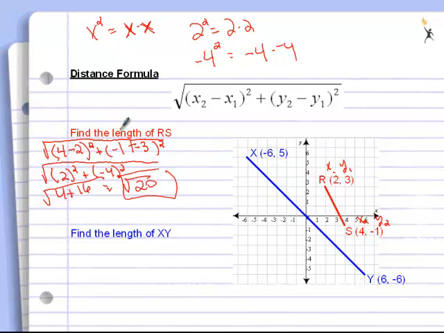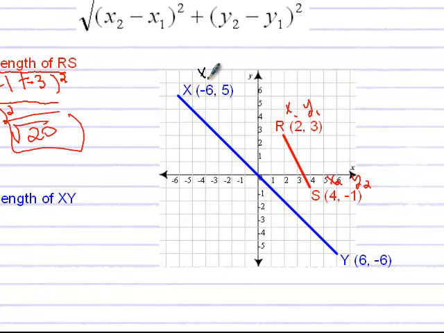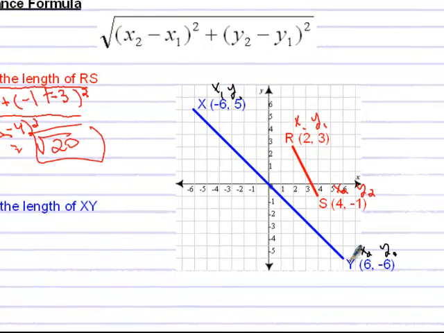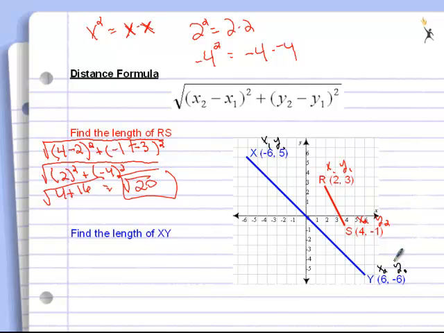Now I want you to try and go through the distance formula with XY. First thing you should be doing is labeling X as x1, y1, Y as x2, y2. Again, the only reason I do this is if I read this graph from left to right like a book, X comes first, that's why I labeled it x1, y1. Y comes second, so I labeled it x2, y2.